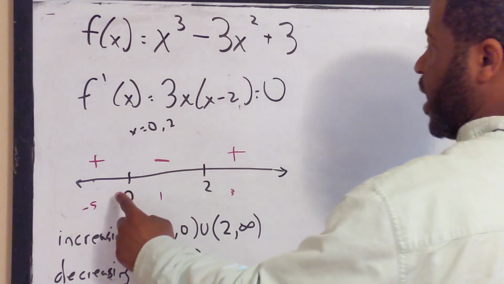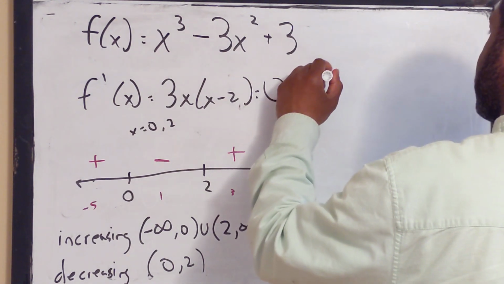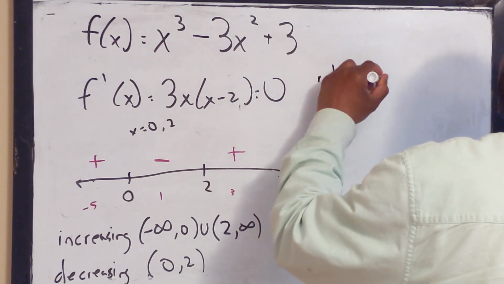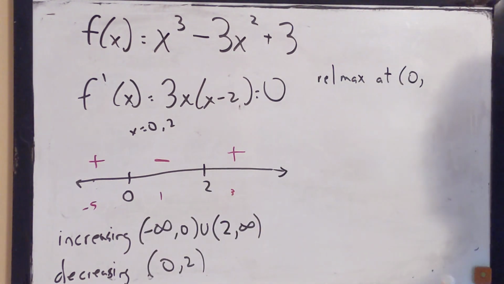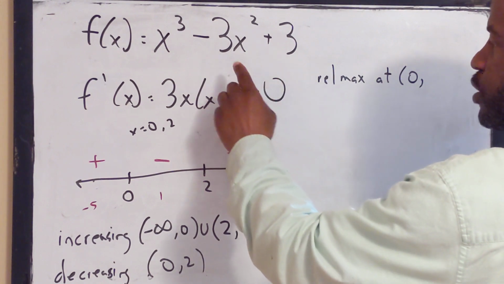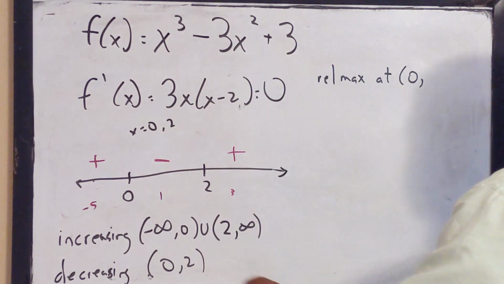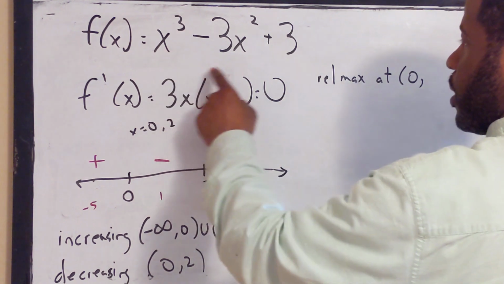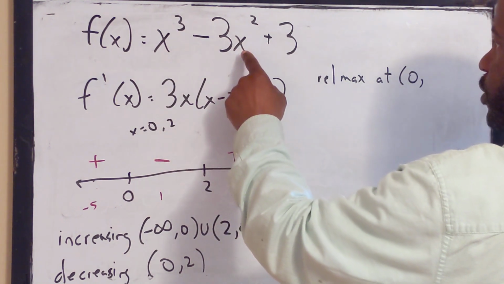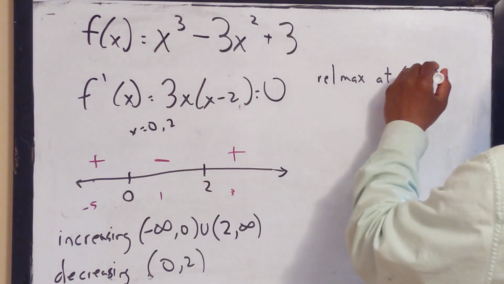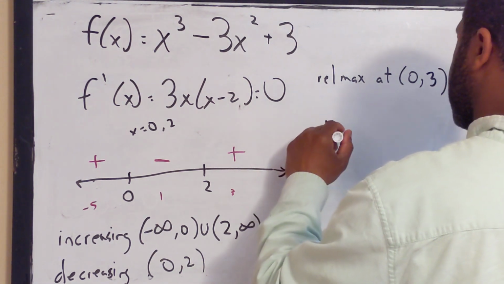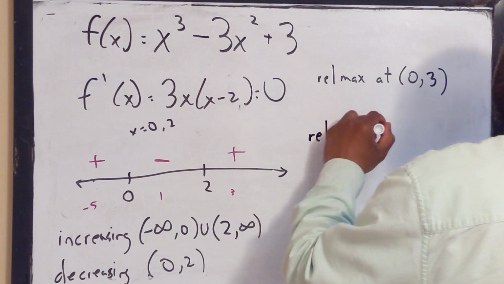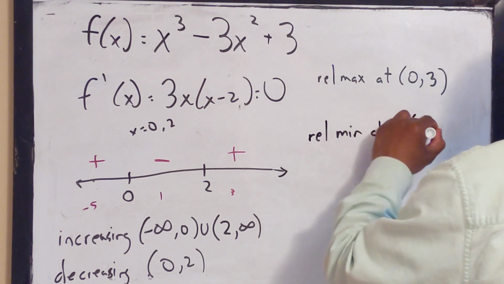So now, we find a relative maximum at 0. We plug that 0 in, and now we substitute 0 back into the original. 0 cubed is 0. 3 times 0 squared is 0 plus 3. So we have a relative max at 0, 3. We have a relative minimum at 2.